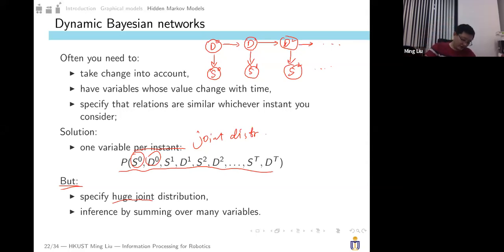And the inference requires a summation over so many variables, right? So we want some easier representations. Easier representations include dynamic programming, etc. We need some algorithms to simplify this computation.